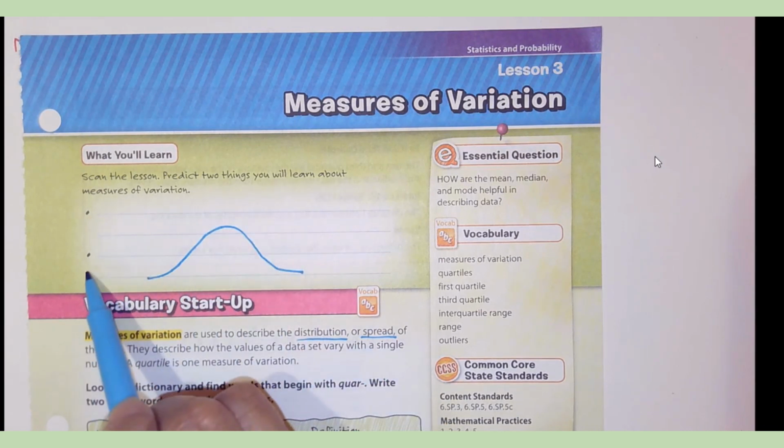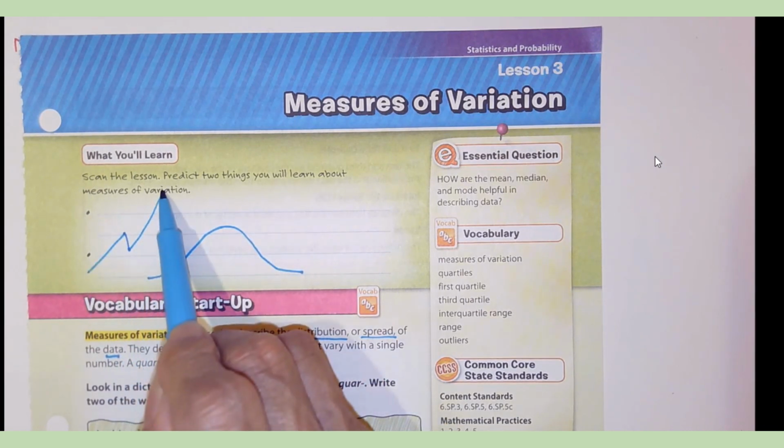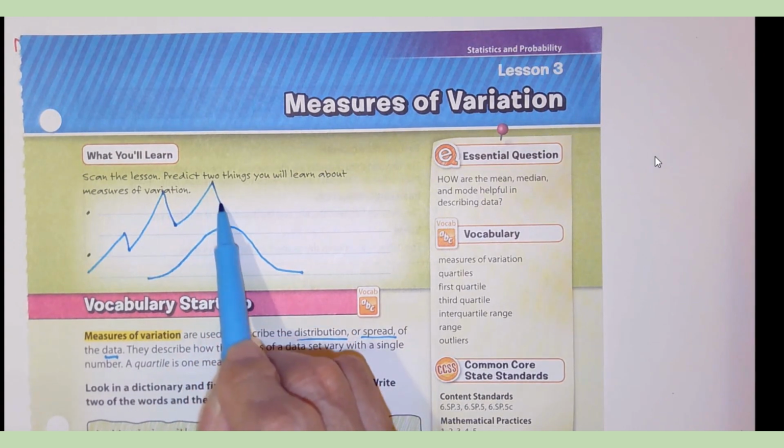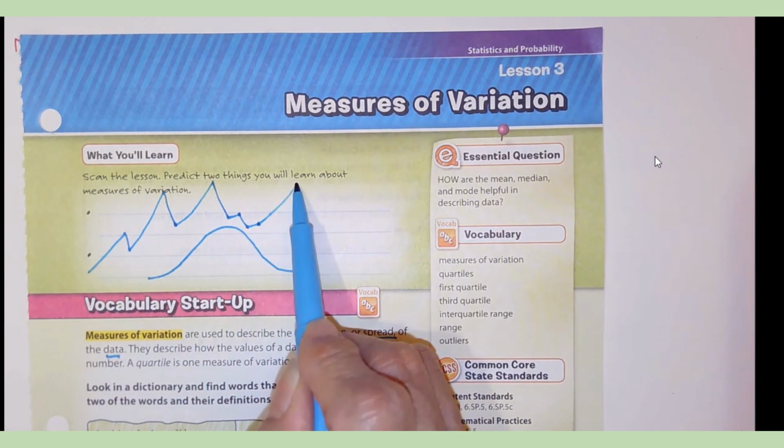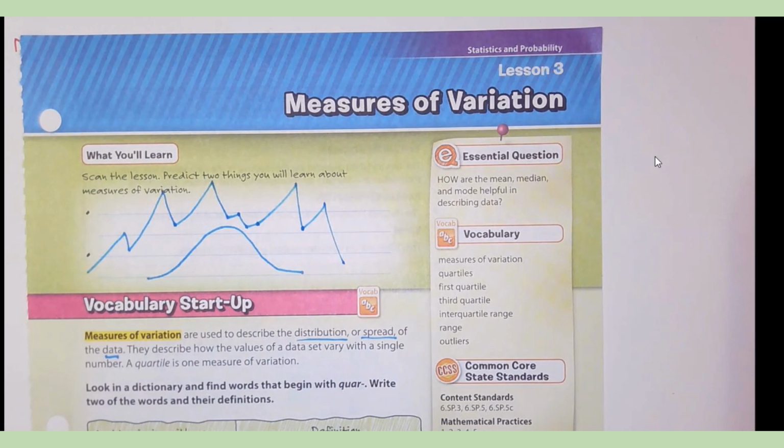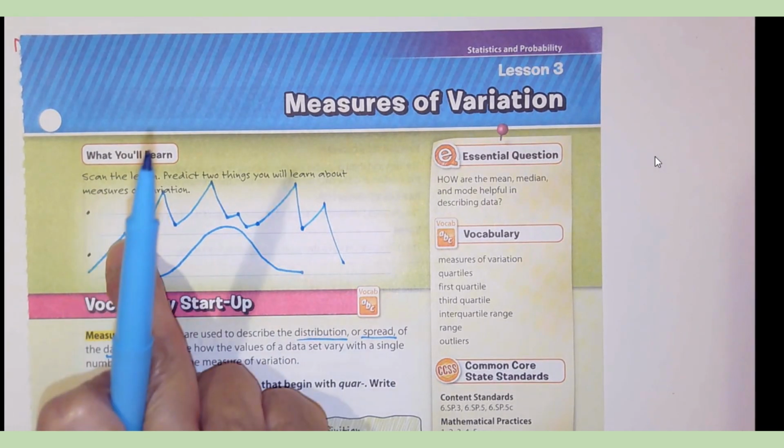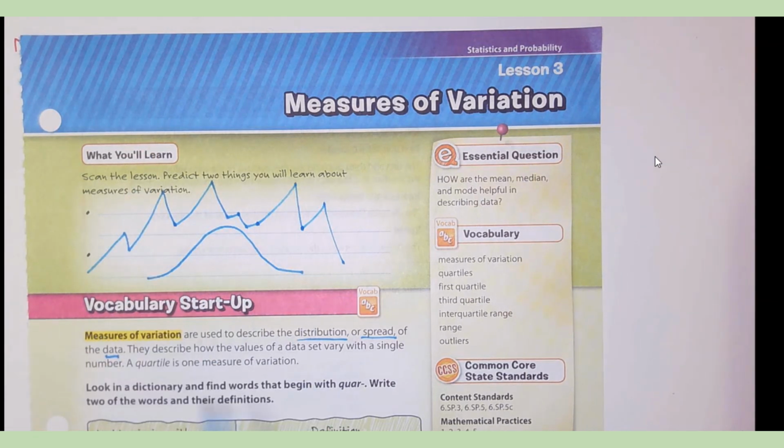And some of you have probably seen something like this, where you could say it went up, down, all the way up, down, and it was the highest point. That's measuring the data, students. They describe how the values of a data set vary with a single number.